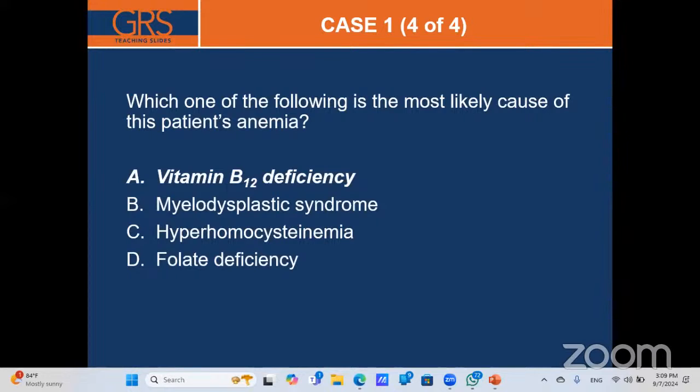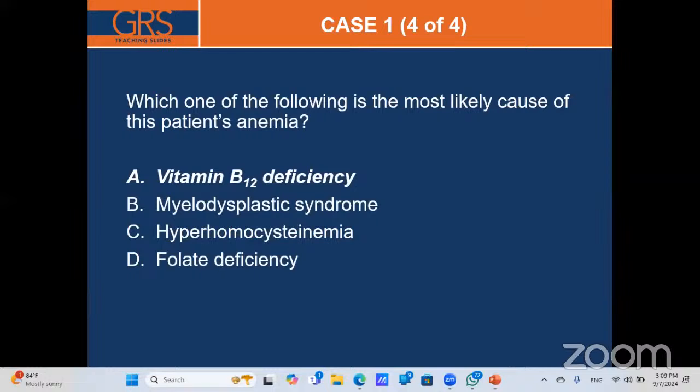So the accurate method for diagnosing vitamin B12 deficiency is increased serum methylmalonic acid along with homocysteine level and the findings of the peripheral blood smear, which is a macrocytic anemia with hypersegmented neutrophils associated with low reticulocyte count.